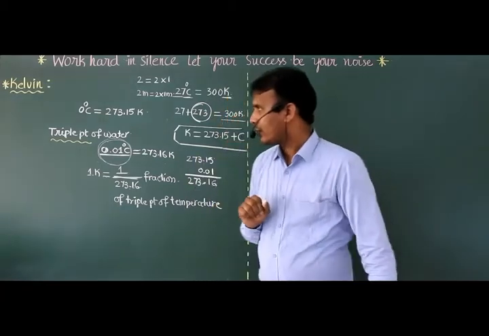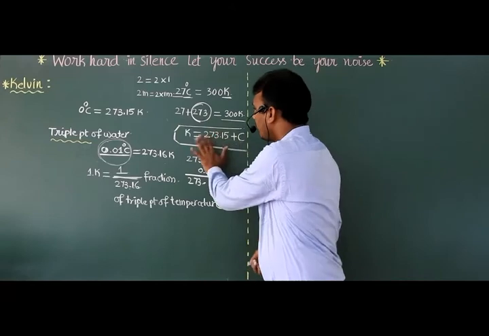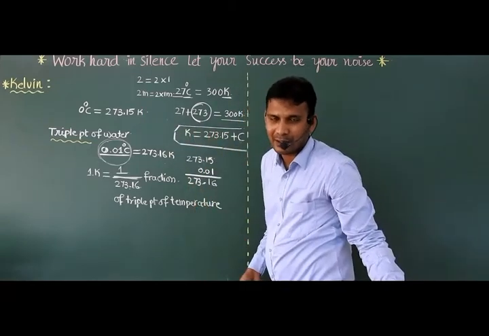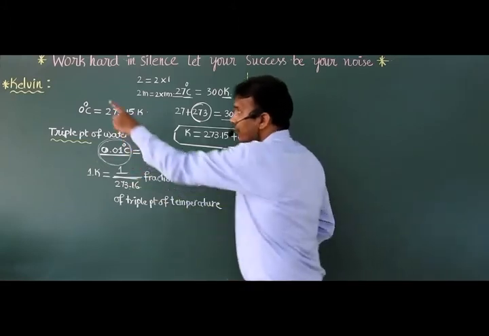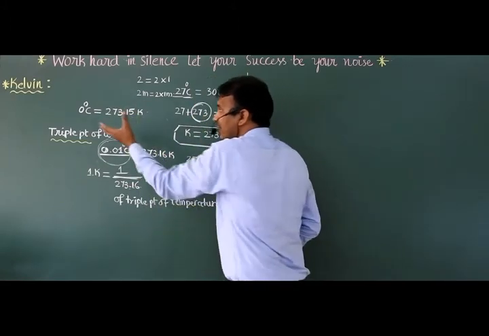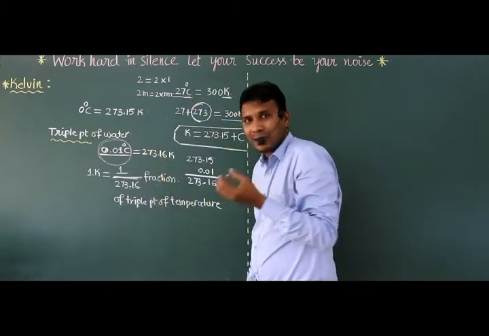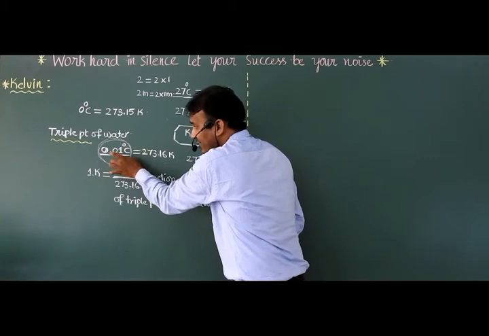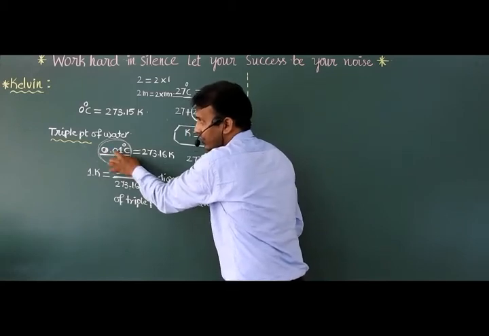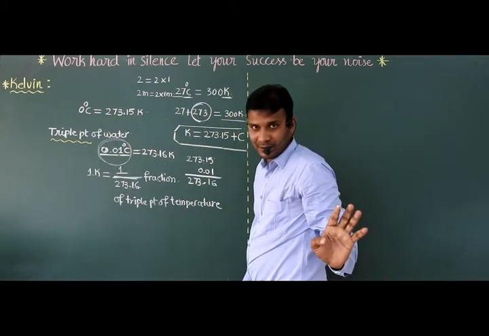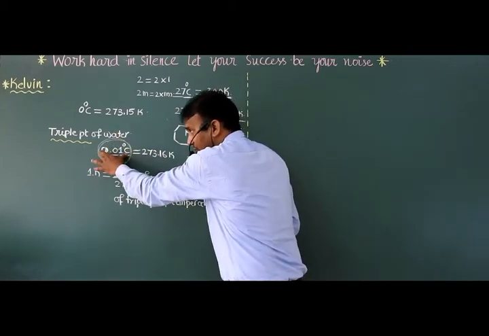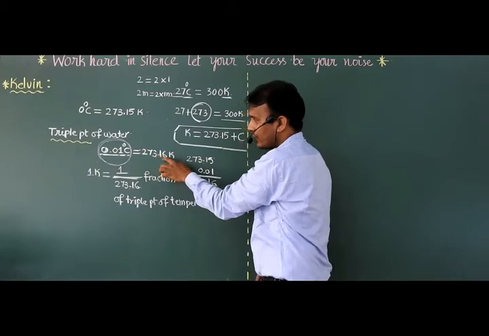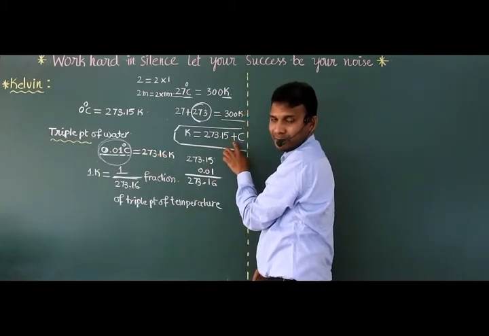Listen carefully. Sir, you forgot about this. Even if you do not remember this also, we don't bother about that. To define 1 Kelvin, they are taking the triple point of water temperature as a reference. At this temperature, we are defining triple point of water. This temperature, if you convert into Kelvin, you will get 273.16 by using this formula.